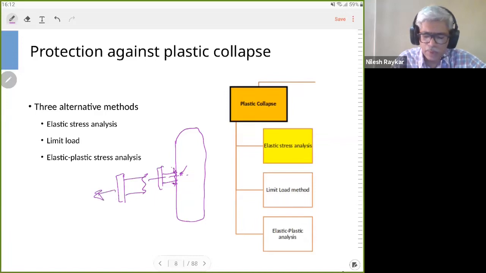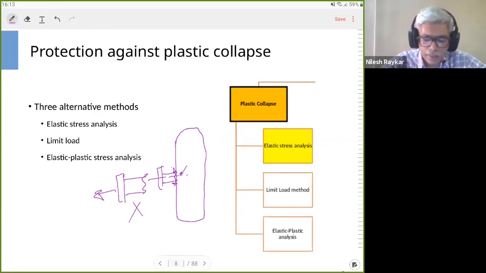This is what we don't want, and the plastic collapse check addresses that. Plastic collapse indicates that the entire cross section is undergoing full failure, there is a through thickness fracture, and the entire vessel body has been broken.